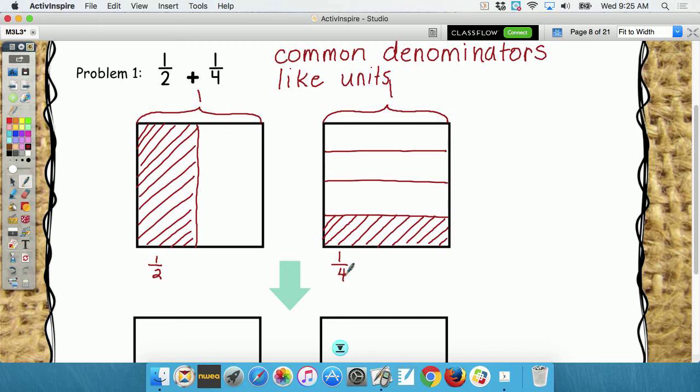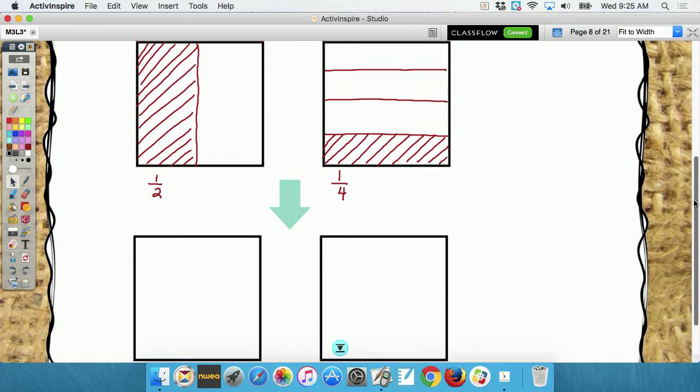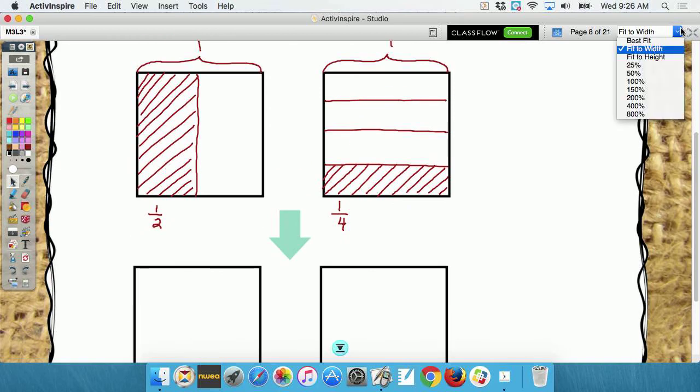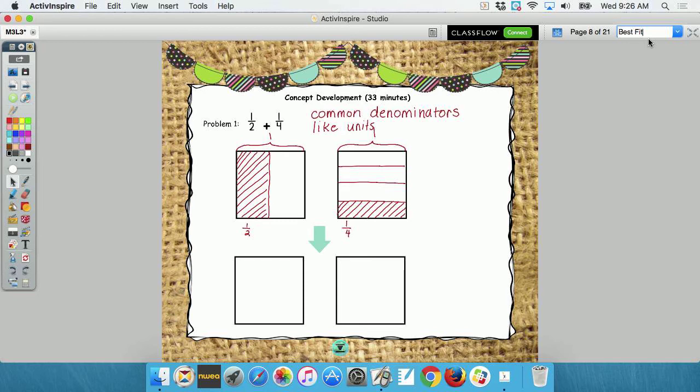Okay, so the next thing I'm going to do, I'm going to show you what it looks like to add them together. Okay, are you ready? You sure? Yes. Well, we're going to have to copy a few things down below. So in order to do that, I have to make mine a little smaller.